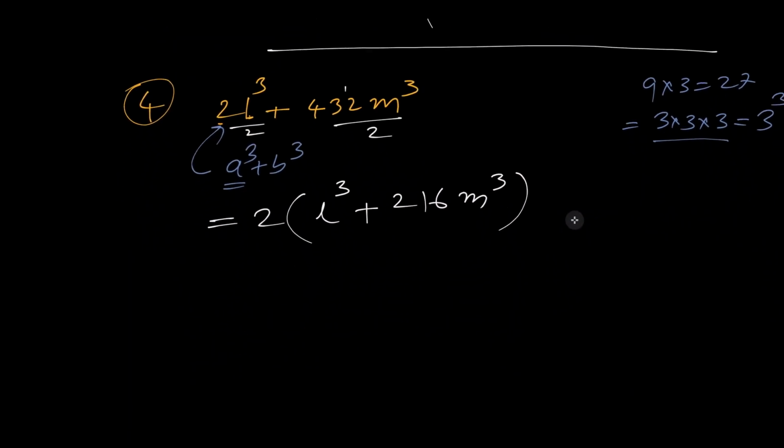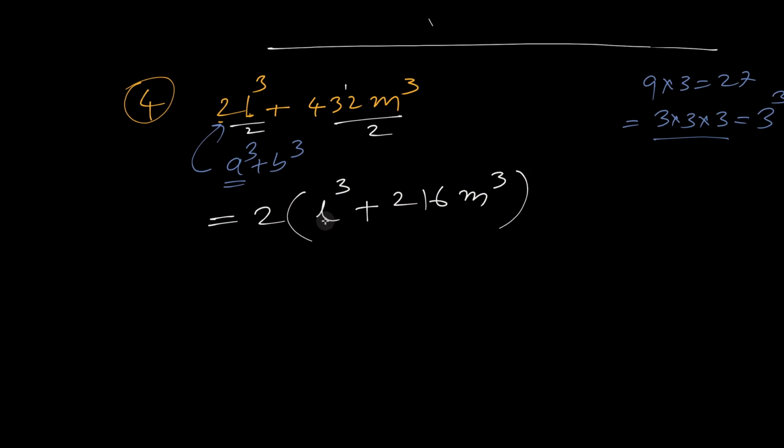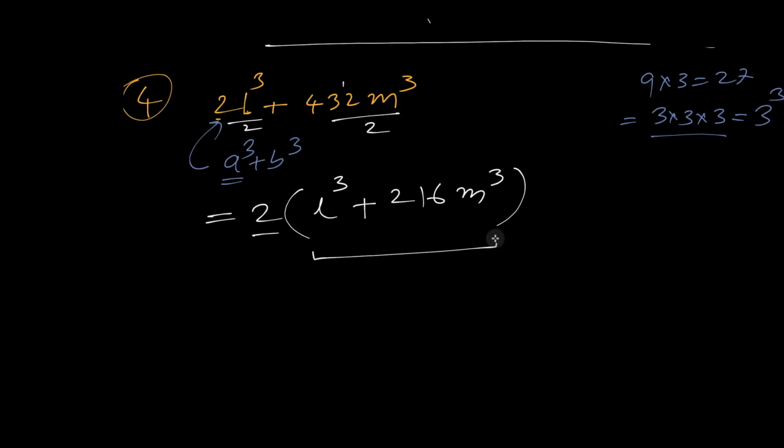Take this as a check, because if you multiply the same thing with 2, it is going to come back to the original question. We have taken 2 as a common factor and come up with this equation because we can easily say 216 is the cube of an exact number, but there is nothing we can say 2 is the cube of. That's the reason we have taken 2 outside.